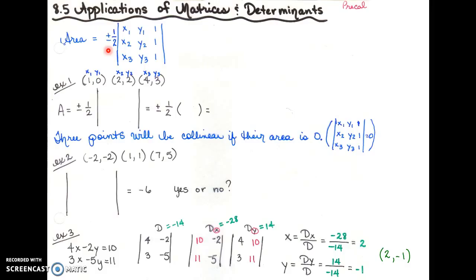So let's go through, for example, number 1. Our first row here, we're going to take 1, 0, the ordered pair x1, y1, and then follow it by a 1. All right, what would our second row for that be? 2, 2, 1, and then what about our third row? 4, 3, 1, perfect. Now, this is the determinant that we put in our calculator that I mentioned to you.